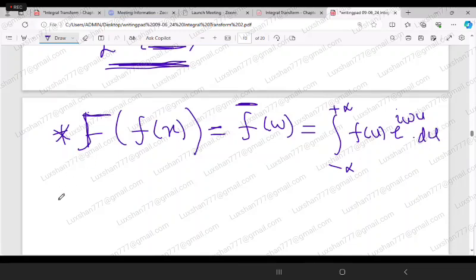This is the Fourier transform. This is the inverse Fourier transform, and this is the Fourier transform.